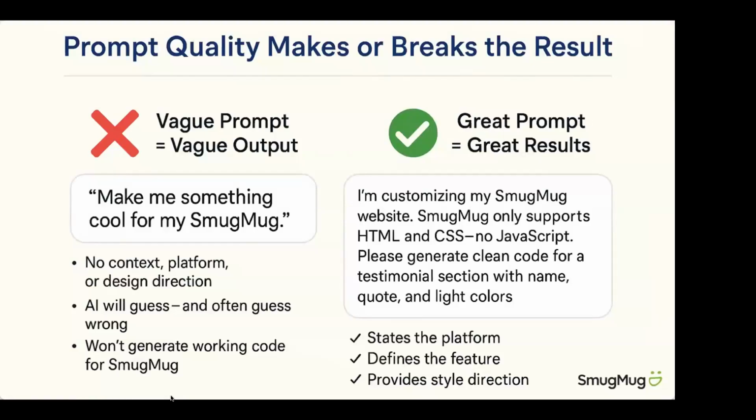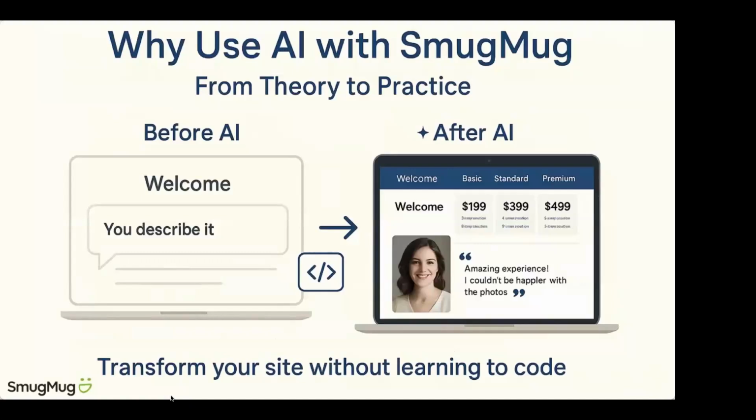All right, let's cover just a couple of things as to why AI-assisted customization is a game changer for photographers and specifically those who are using SmugMug. First, it dramatically lowers the barrier to professional quality designs. Most photographers are visual artists. They're not web developers.